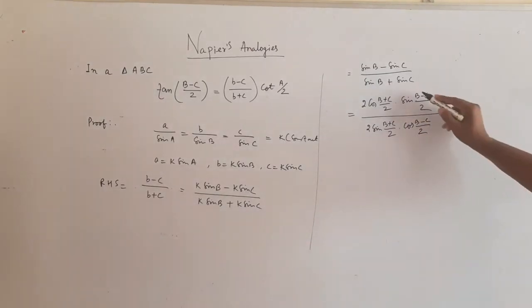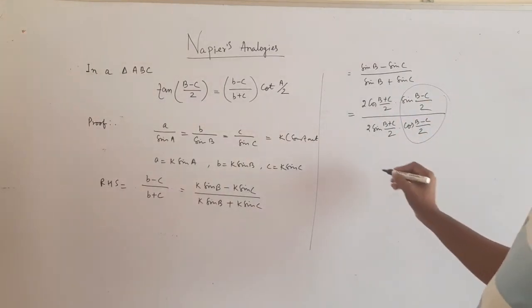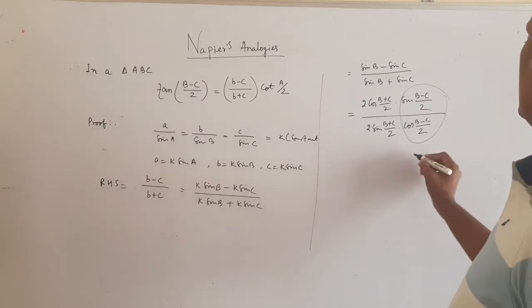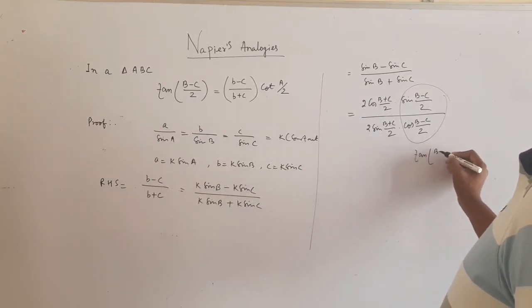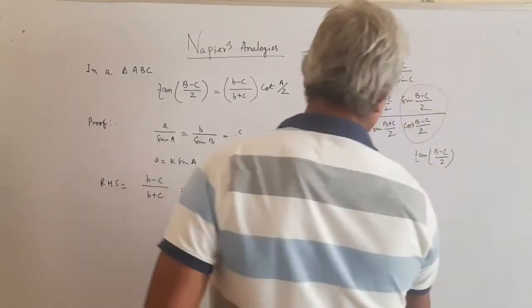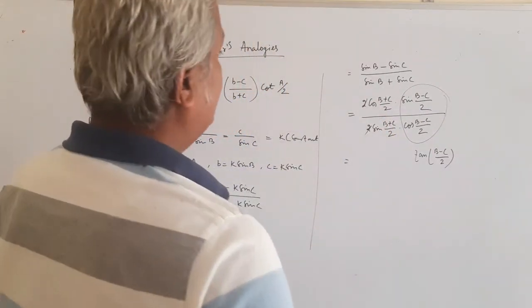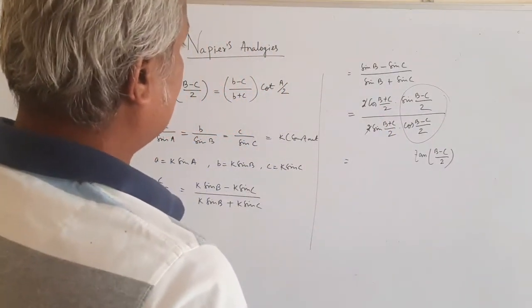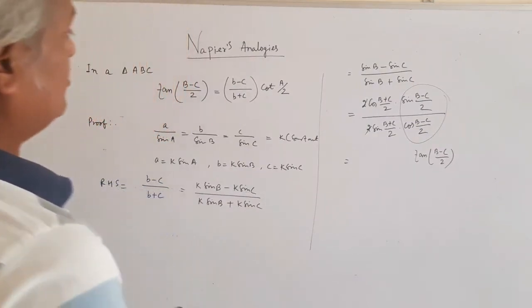So now you see sine of (B minus C) by 2 over cos of (B minus C) by 2 becomes tan of (B minus C) by 2, and the 2 cancels. Now we have cos of (B plus C) by 2 upon sine of (B plus C) by 2.